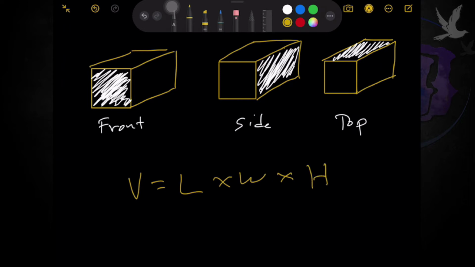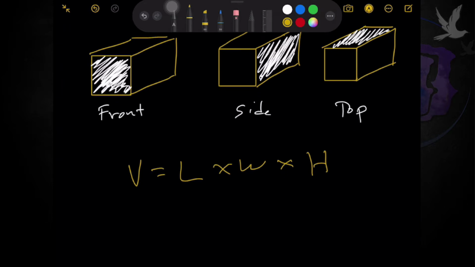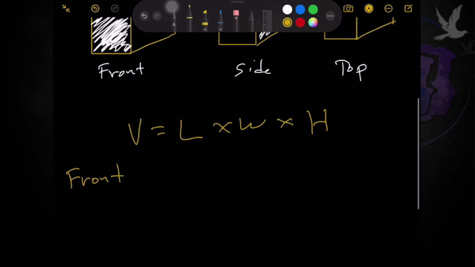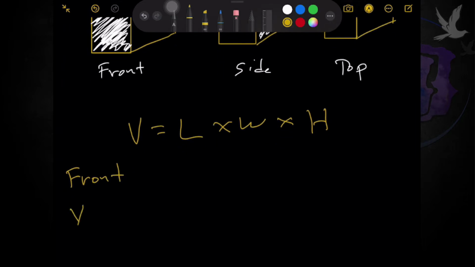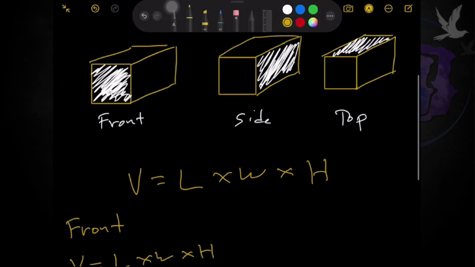Okay, then from here natin iso-solve kung which ang gagamitin natin. Okay. So, for the front, base formula natin is always volume equals length times width times height. Main concern nyo dito sa front, of all three dimensions, ano-ano yung kasali sa shaded part?